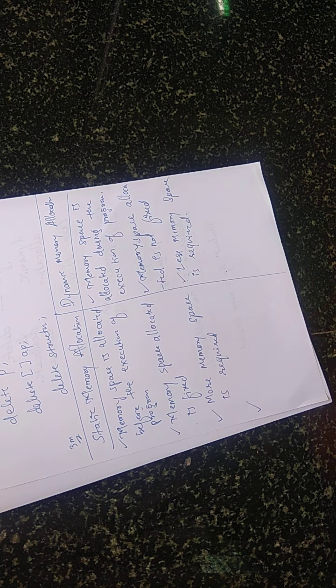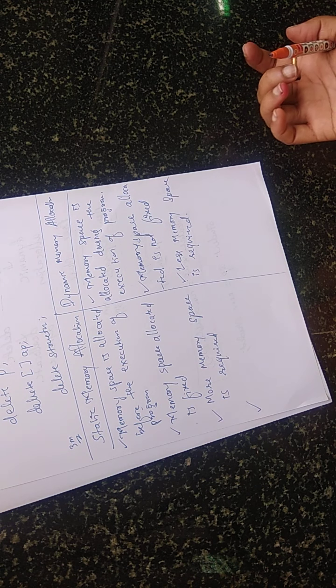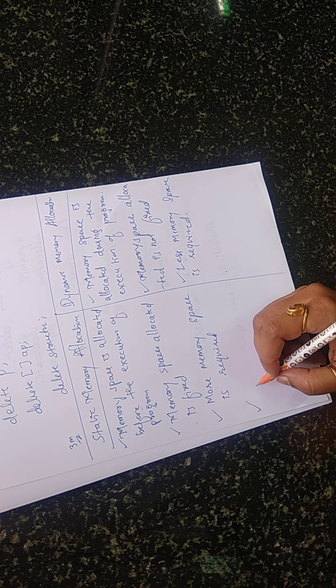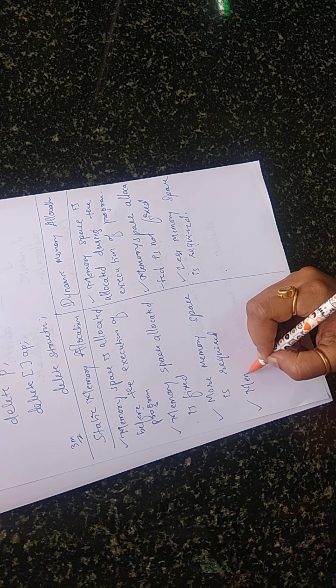The next point in dynamic memory allocation is that the memory space is from the heap area. Stack and heap come under the methods of data structure. We'll study them in detail at that time, but for now remember these are methods where we store data, just as we use the array concept, in the same way we use stack and heap. So the fourth difference is that memory allocation is from the stack area for static.